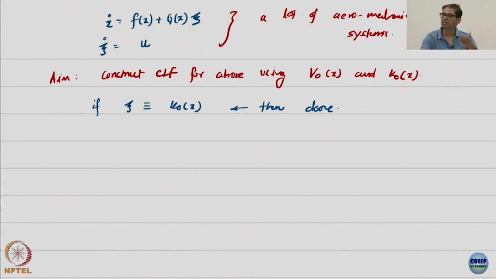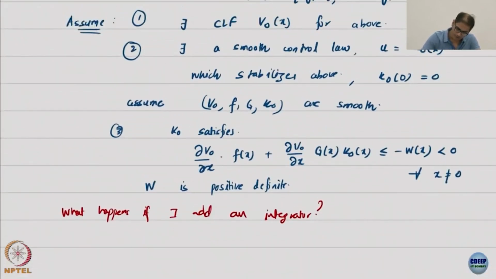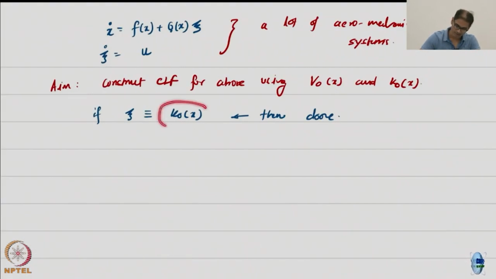So x converges to 0. And I also know that K0(0) is 0. So if x goes to 0, psi also goes to 0, right? Because if psi is K0(x) and x goes to 0, then K0(x) also goes to 0. So I have obtained my stabilization like I want.